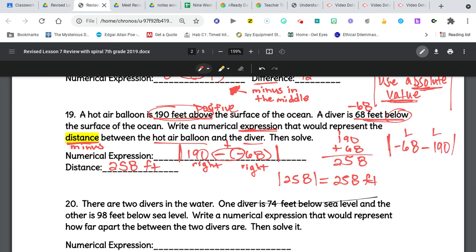Then both of these would have been to the left. You would have ended up with the absolute value of -258. But when you take the absolute value of a number, you still end up with a positive. So the order in which you subtract with distance doesn't matter because you're supposed to be using absolute value. If you're not, you're doing it wrong.